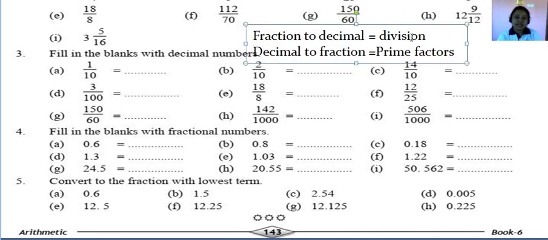Fraction to decimal, division; decimal to fraction, prime factorization. So here, fill in the blanks with the fractional numbers. That means a decimal number is given and you have to make it into a fraction. So decimal to fraction, prime factorization. Now convert the fraction into the lowest term.